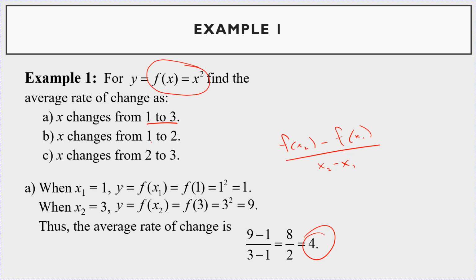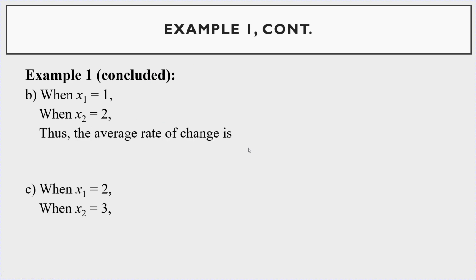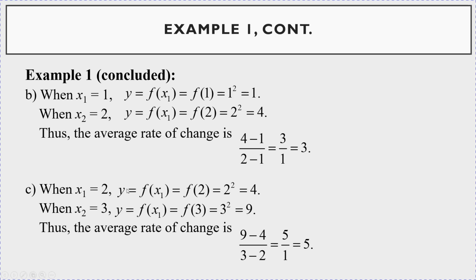Okay, now what happens when we look at subintervals from 1 to 2 and then from 2 to 3? Will we have the same average rate of change? I don't know. Let's investigate. So when you look at the first interval as x goes from 1 to 2, and then the second interval as x goes from 2 to 3, you're going to see something. I'm not going to go through it in much detail because the math here is real easy.